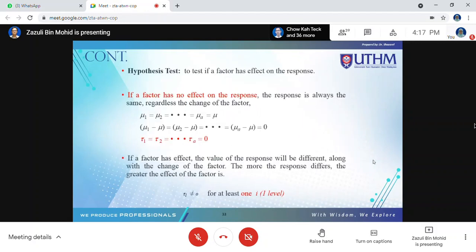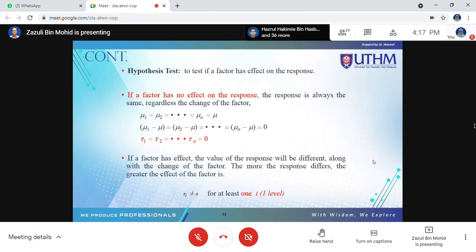So another thing that we need to do in the analysis using ANOVA is the hypothesis test. Hypothesis test is to test if a factor has effect on the responses.